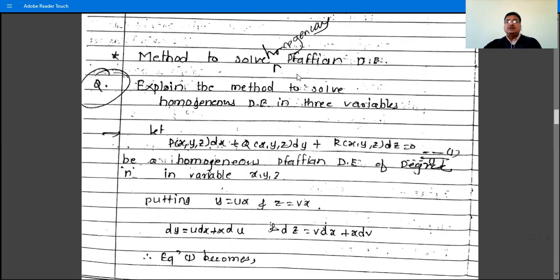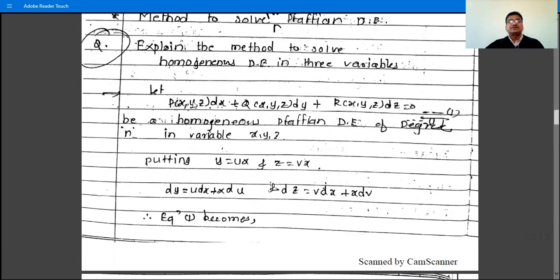So now the method to solve the homogeneous Pfaffian differential equation. The question is: explain the method to solve the homogeneous Pfaffian differential equation in three variables. So let P(x,y,z) dx plus Q(x,y,z) dy plus R(x,y,z) dz is equal to 0 be a homogeneous Pfaffian differential equation of degree n in variables x, y, z. Obviously, this means P, Q, and R are homogeneous functions of degree n.